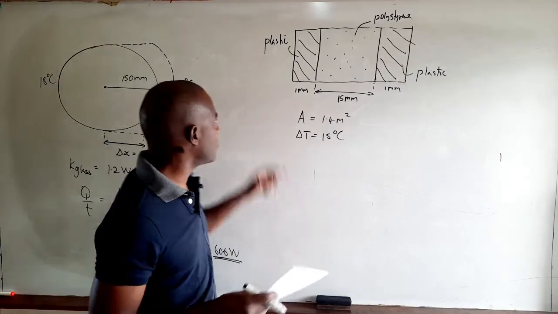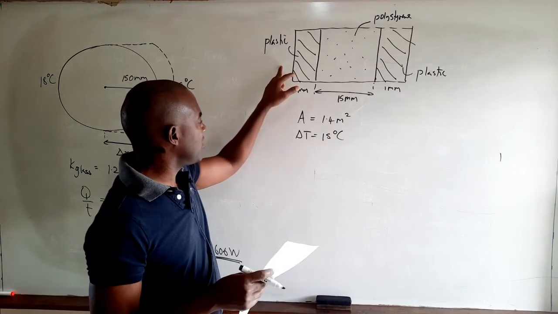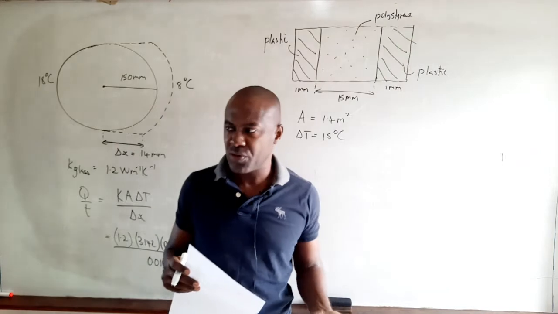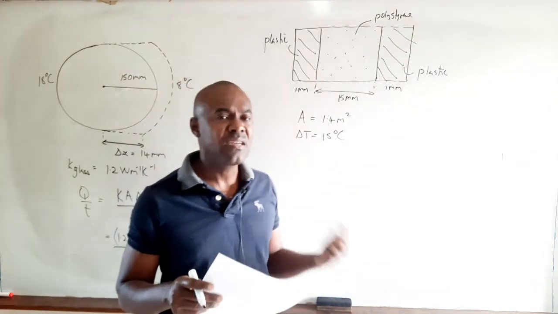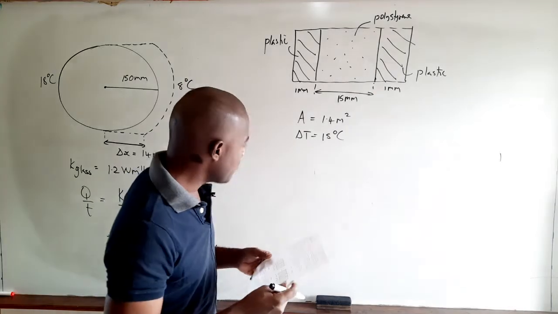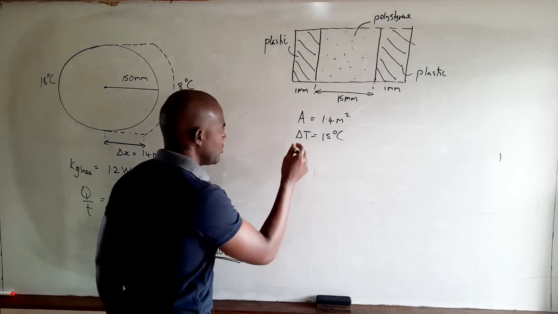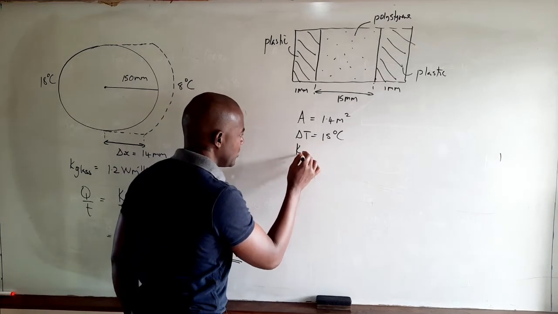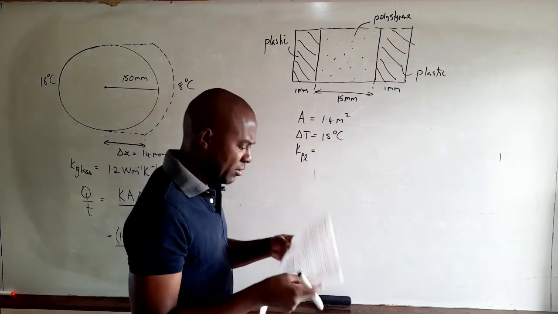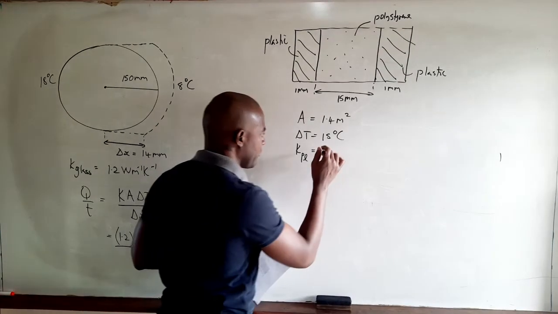So for instance, this could be 20 degrees Celsius, that could be 5 degrees Celsius, this could be 40 degrees Celsius, this could be 25, and so on. So we don't know the inner and outer temperatures, but what we do know is the temperature difference between the inner and the outer layers. We're also given that the thermal conductivity for plastic, which I'll write with a subscript PL, is 0.04 watts per meter per Kelvin.